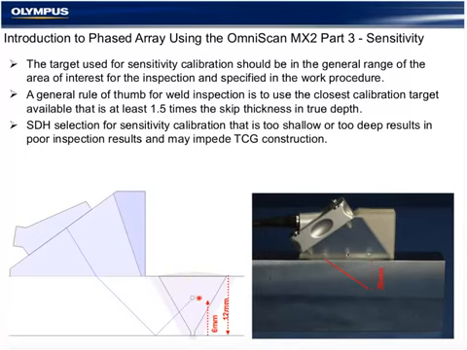By true depth, I mean this is a 12 millimeter thick weld. So we go down 12 millimeters in true depth, back up 6 millimeters, and then we select the closest calibration block side drilled hole that we have to do our initial sensitivity inspection.